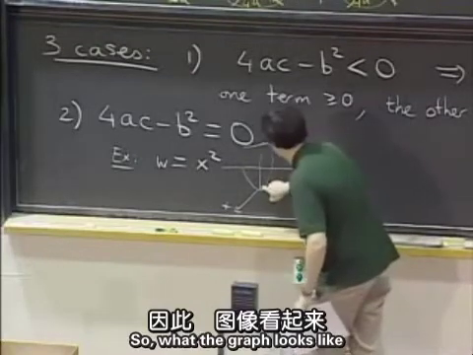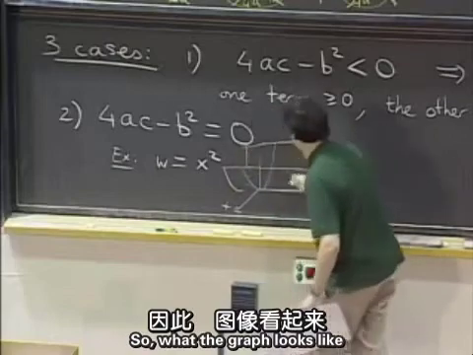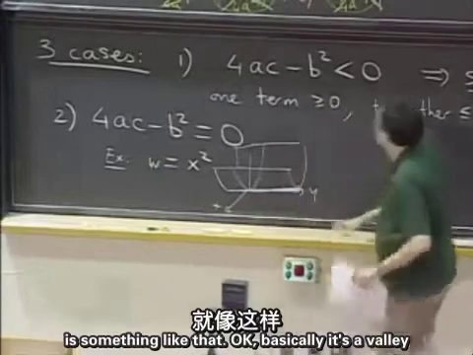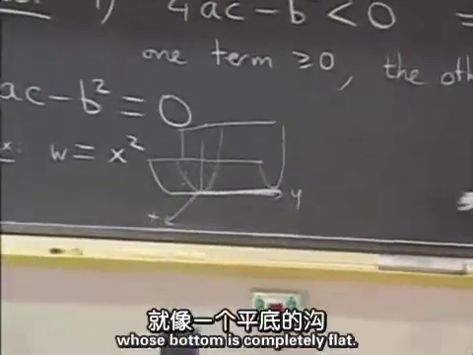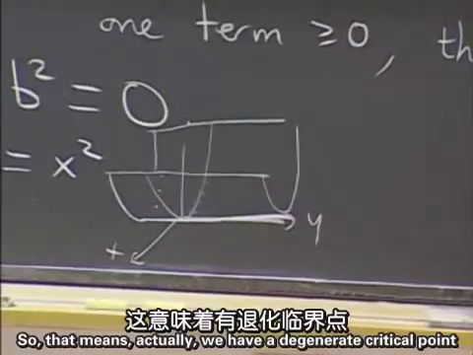So what the graph looks like is something like that. Basically it's a valley whose bottom is completely flat. So that means we have a degenerate critical point.